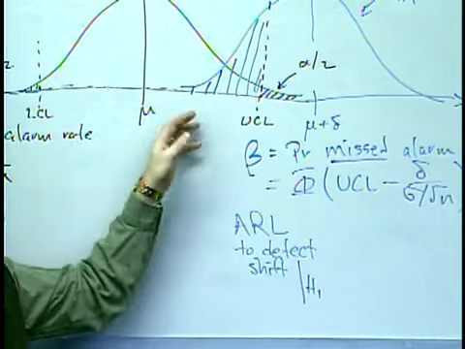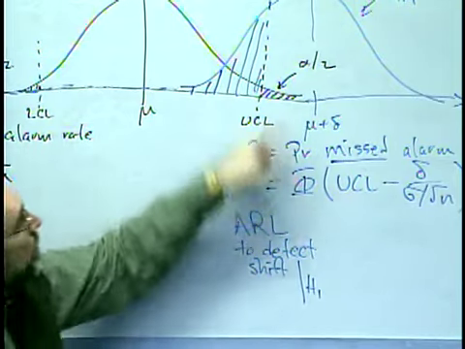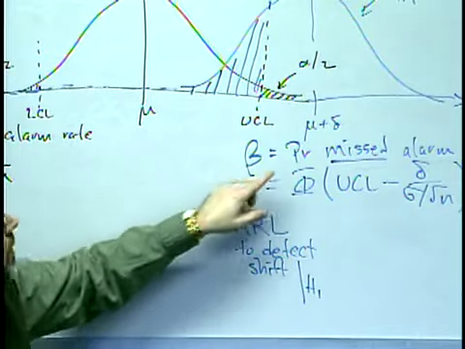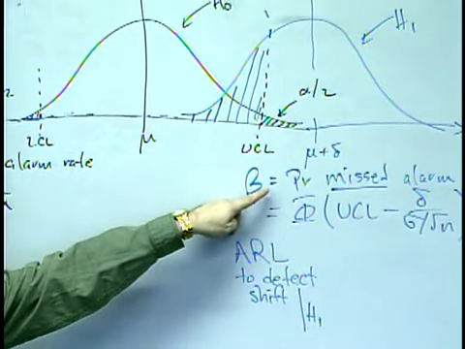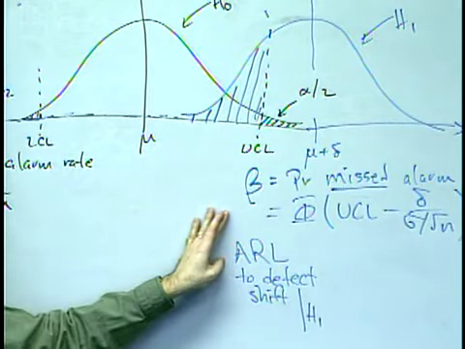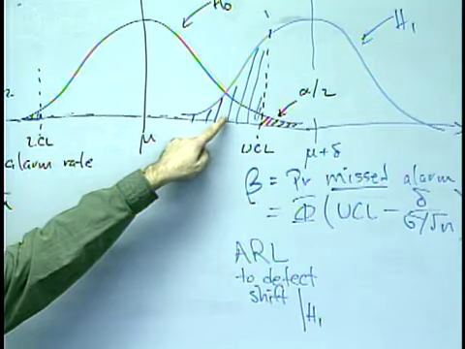It's a little tricky here, because there's actually two steps. You can imagine this would be the probability of not missing an alarm and then inverting it just like we did here. Right? So this little tail here is the probability of missing alarm.